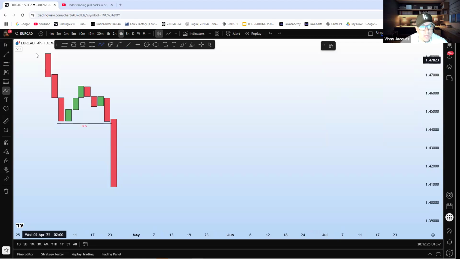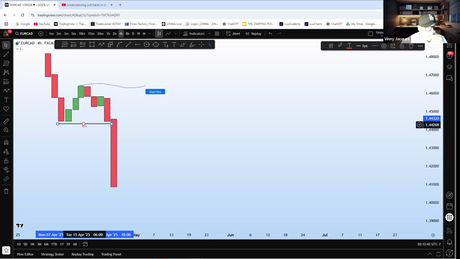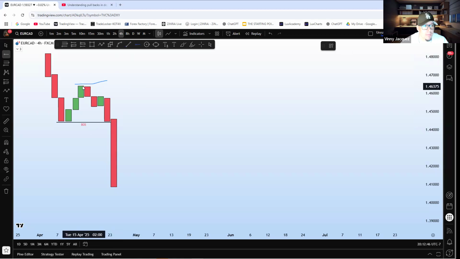Now, if this is my lower low and this is my lower high, where is my need change of direction line? Where should that go? Go ahead and draw on my chart. Where does my change of direction line go? Let's go, Shani. Let's go ahead, draw that line.